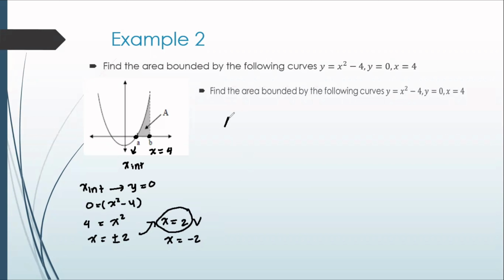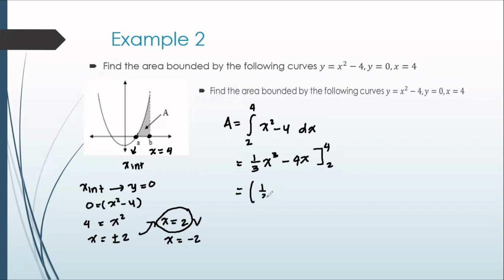So we can find the area. Area is equal to the integral from 2 until 4 of (x squared minus 4) dx. So you will have 1 over 3 x cubed minus 4x, from 2 until 4.